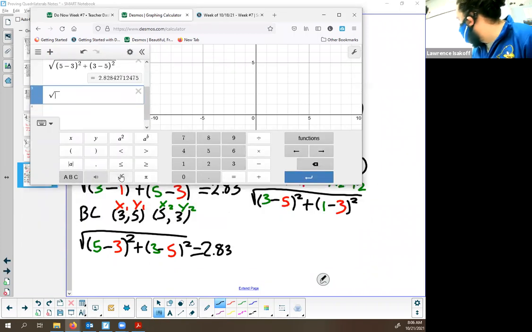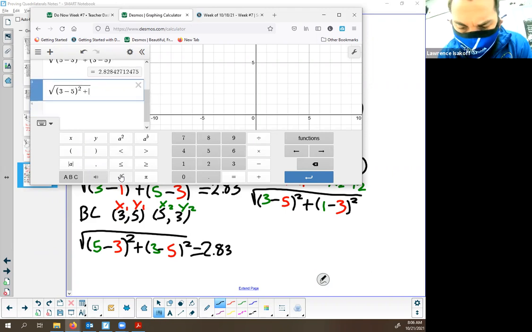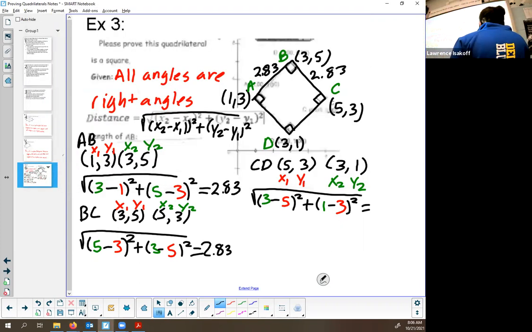So again, starts off square root of 3 minus 5 quantity squared plus 1 minus 3 close parentheses squared. So, okay, cool. 2.83 again. It looks like it's all lining up, but we still need that fourth side here. So right now we're at 3 out of the 4 sides are equal. We just need to show the evidence that the last side is equal too.